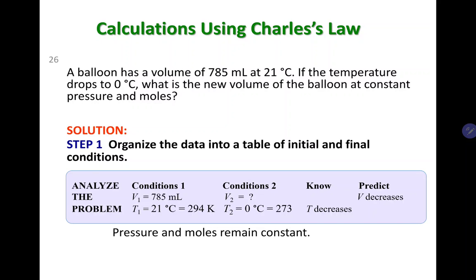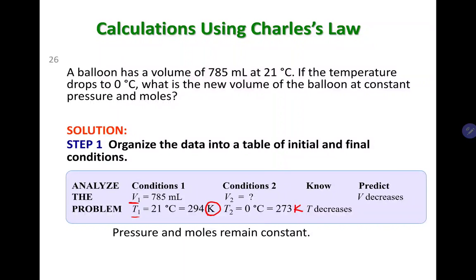Okay, so let's talk about the known terms. We know V1, which is 785. We know T1, which is 294 Kelvin. Pay attention, guys. We have to convert Celsius to Kelvin by adding what? 273. T2 is 273 Kelvin.